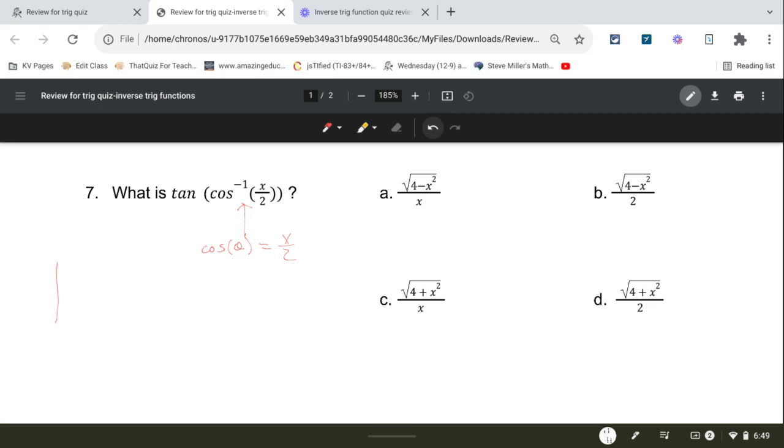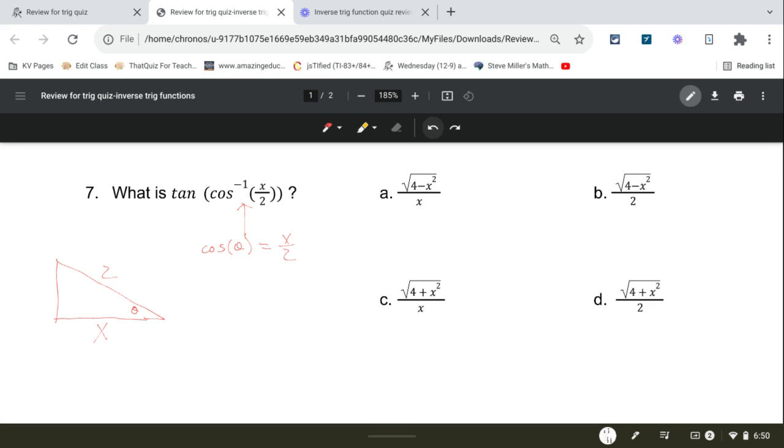We're just going to build a right triangle where that happens. We'll say this is x and this is 2. So the angle that we're talking about would have to be right here. Cosine of that angle is x/2. We would need to use the Pythagorean theorem to figure out this missing leg, so we'll do that real quick.